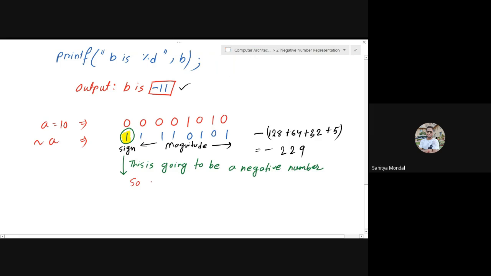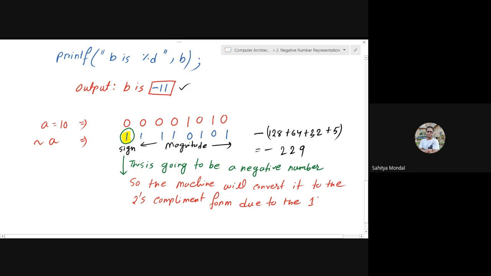So the machine will convert it to the 2's complement form due to the 1 in the sign bit position.